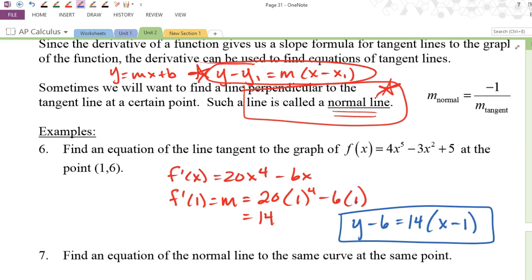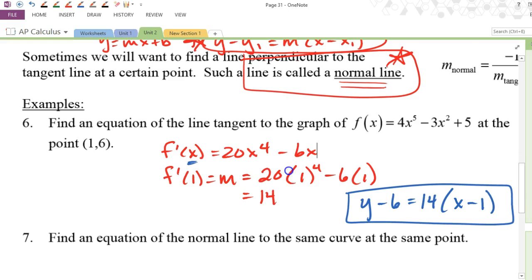Well, it won't always be 1, but it's always just the x. Yep, always the x. Pretty easy. They might say write the equation of the tangent line in slope-intercept form, where you would just take that and solve it for y.